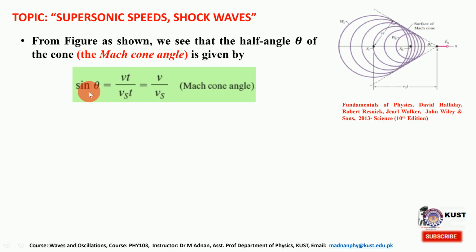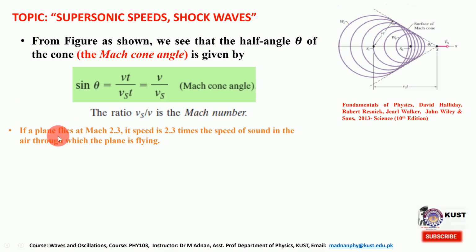By cancelling out the time factor, the ratio of the speed of sound to the speed of the source gives 1 over M, where the Mach number is represented by M. So sine theta is 1 over M.